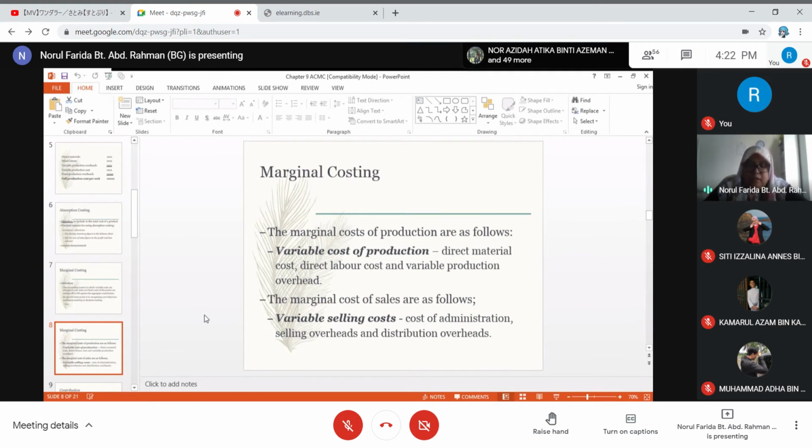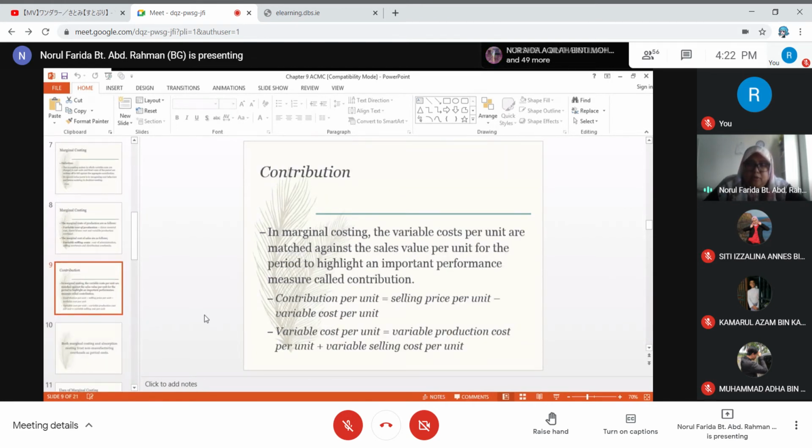measure of contribution, where you know contribution or contribution margin is the amount of your selling price, or your sales, minus with your variable costs. Alright.